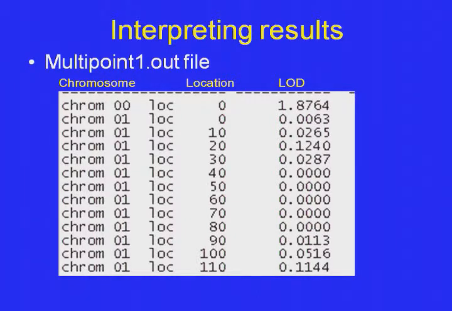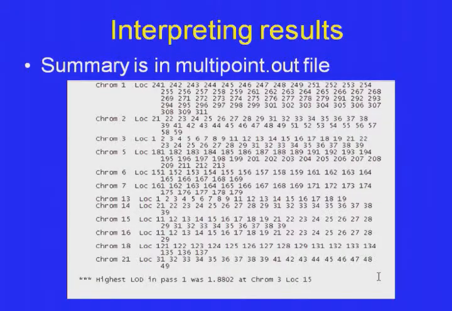Anything where the logarithm of odds is greater than 3 can now be considered significant evidence for linkage. And there is a summary of the results stored in the multipoint.out file, which also gives you where the highest LOD was.